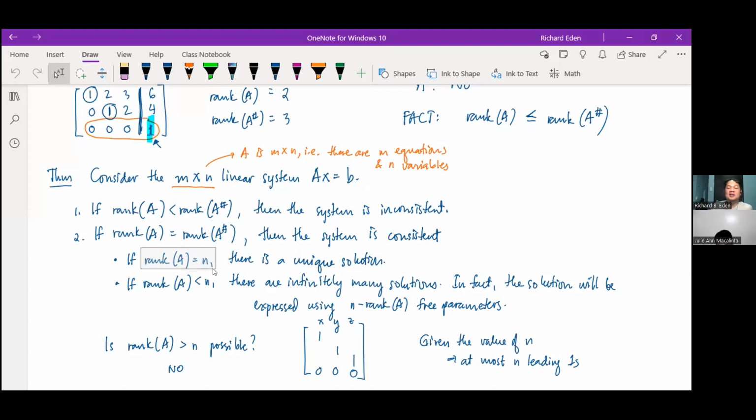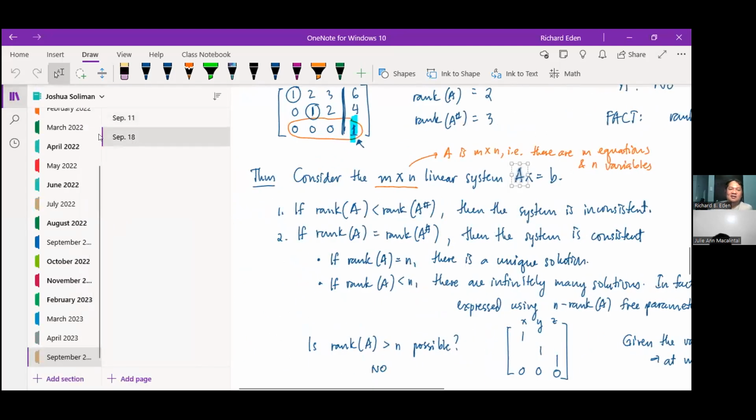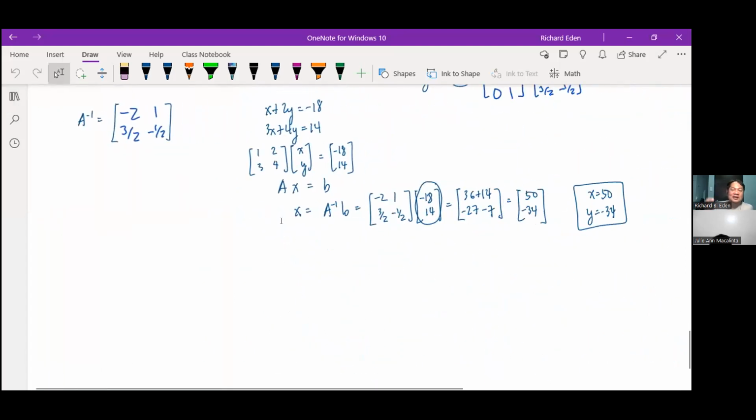So ibig sabihin, if A has an inverse, then the rank of A must be equal to n. And actually, it also goes vice versa. If the rank of A is equal to n, then A has an inverse. It is non-singular. Wow. So sulat natin yan nung line of thought na yun.